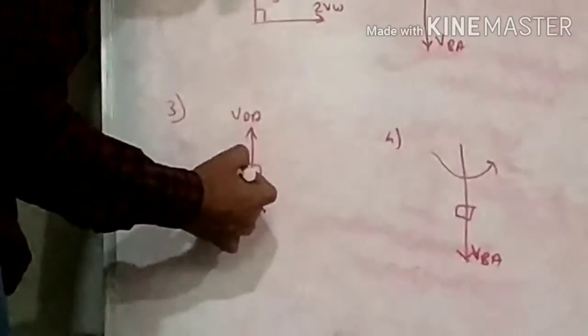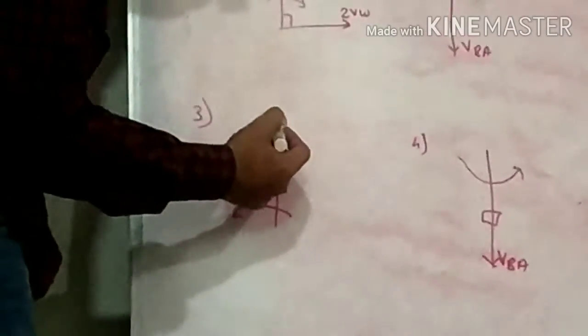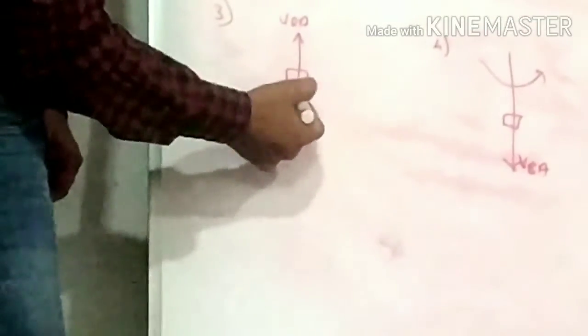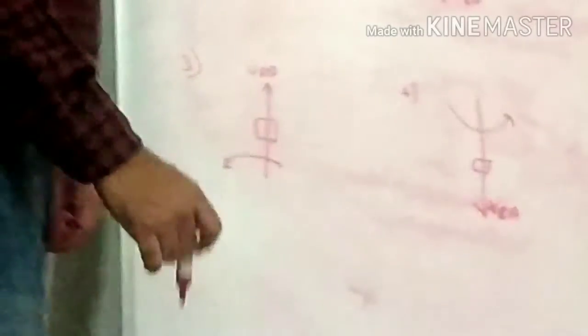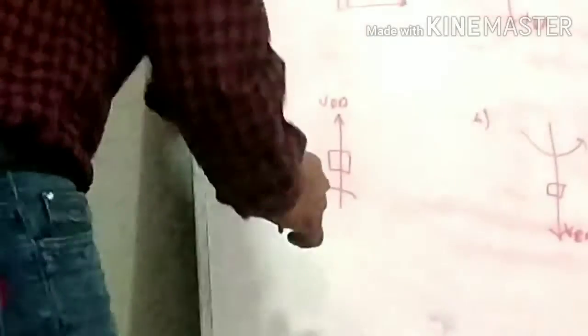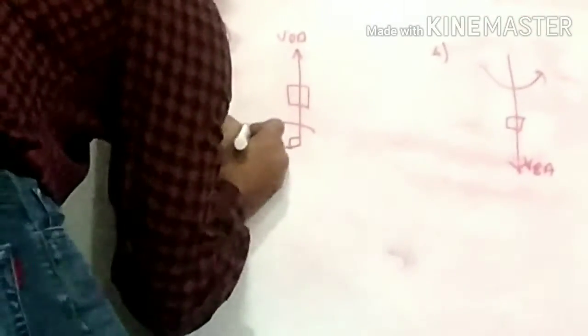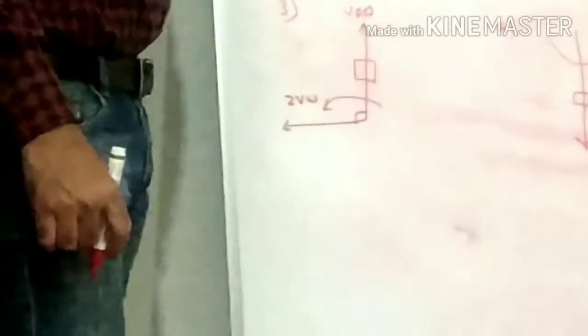In the third case, the velocity vector V is radially upward, that is, the velocity of slider B with respect to coincident point A, and the direction of rotation of link OP is anti-clockwise. So we rotate the velocity vector V through 90 degrees in the anti-clockwise sense. This is the direction of the Coriolis component of acceleration.